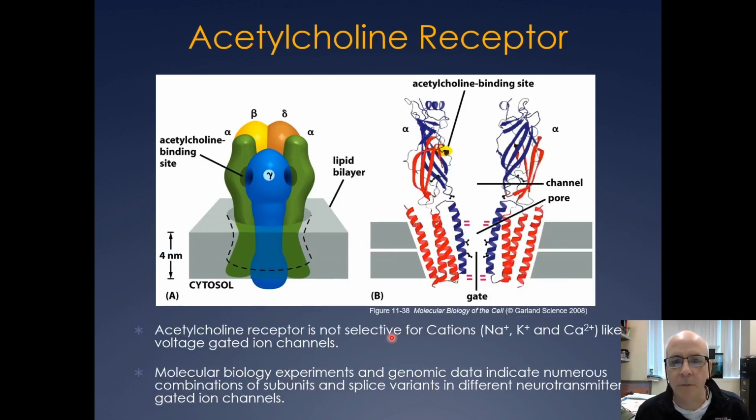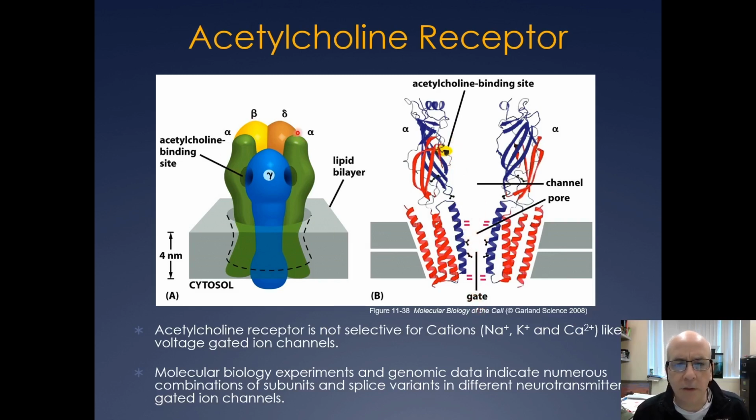And here are the structural features of the acetylcholine receptor. Here's the acetylcholine binding site, and then you have your selectivity pore, and it opens up in the gate.